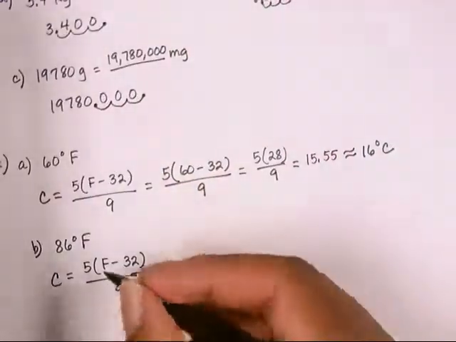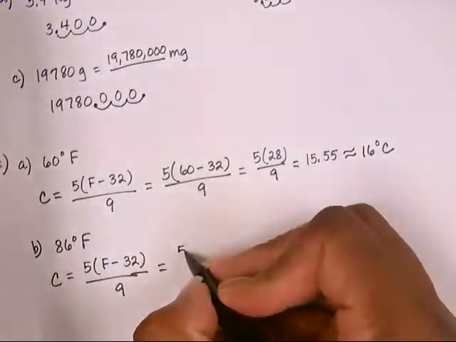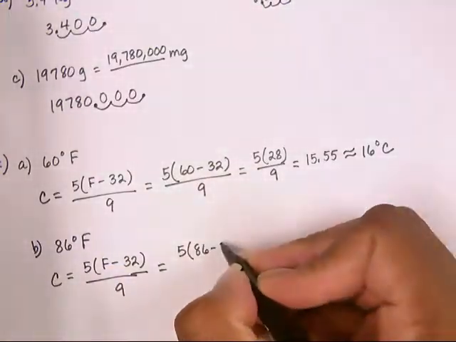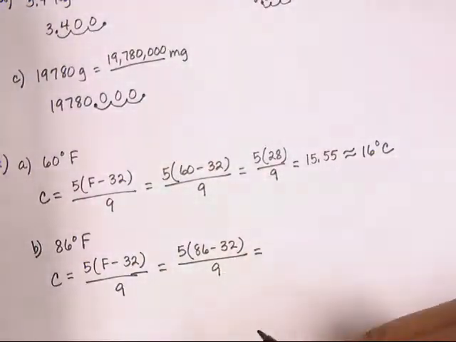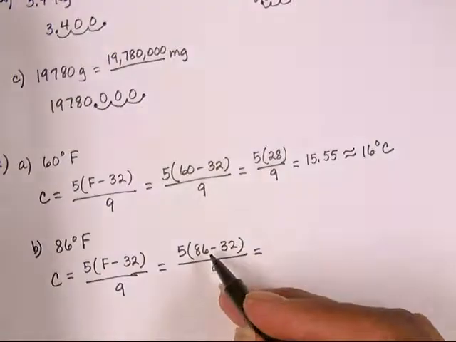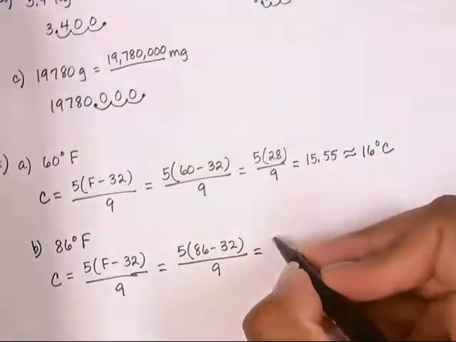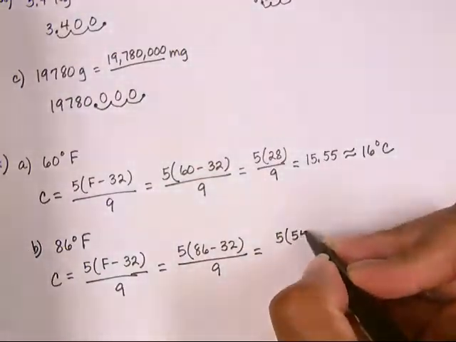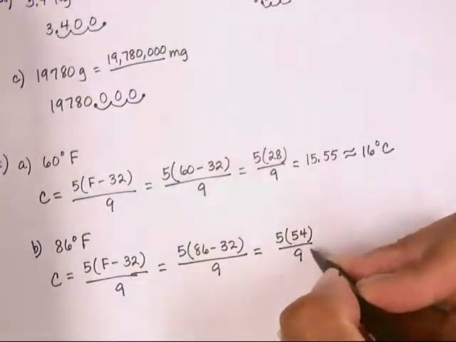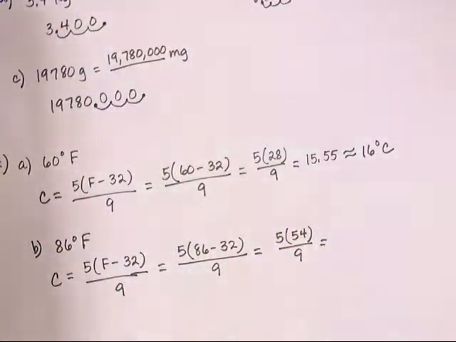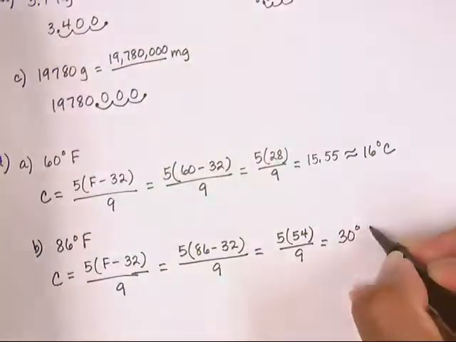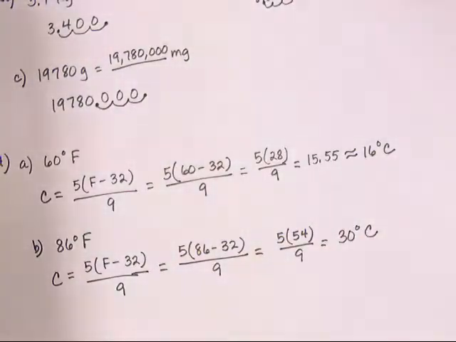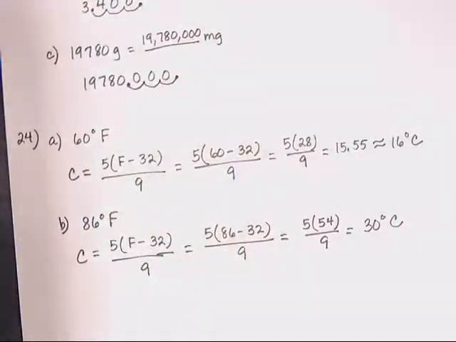And in this case here, our Fahrenheit temperature is 86, so it'll be 5 times 86 minus 32, whole thing divided by 9. And if I subtract 32 from 86, that would be 54. So it'll be 5 times 54 divided by 9. And if I do 5 times 54, divide that by 9 in the calculator, you'll get exactly 30 degrees. So this will be 30 degrees Celsius. Okay?